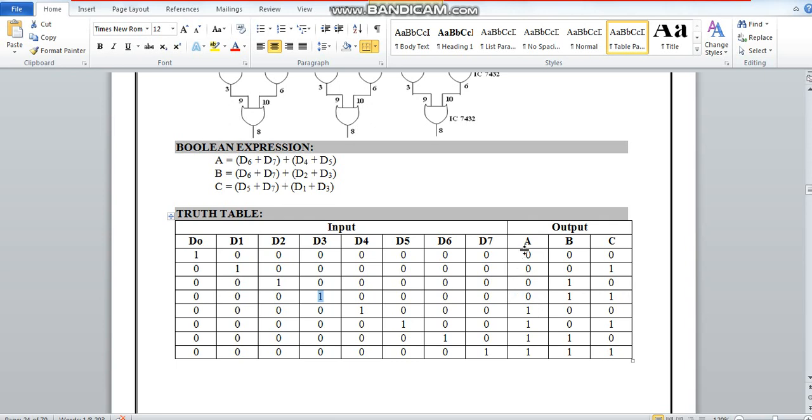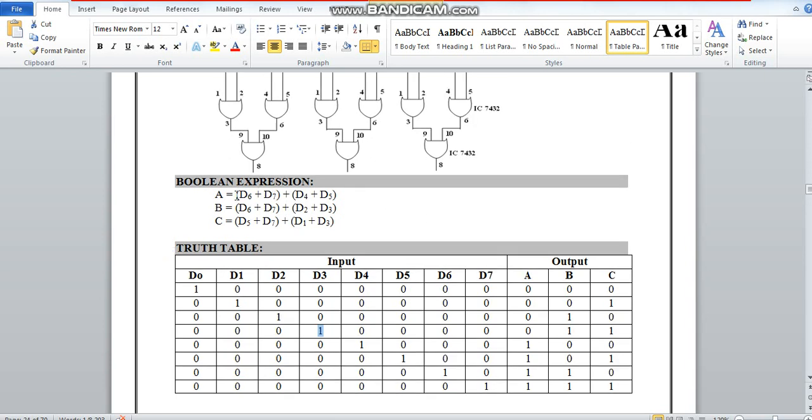Now we will do a K-map for each output, and the resultant of your K-map will be this. Or you can directly write out the expression.